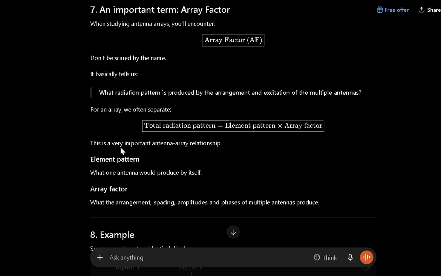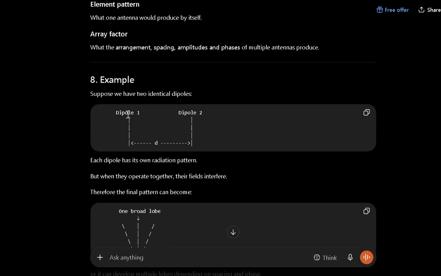Element pattern, what is it? What one antenna would produce by itself. The array factor is what the arrangement, spacing, and amplitude and phases of multiple antennas produce. Example: suppose we have two identical dipoles, dipole 1 and dipole 2.